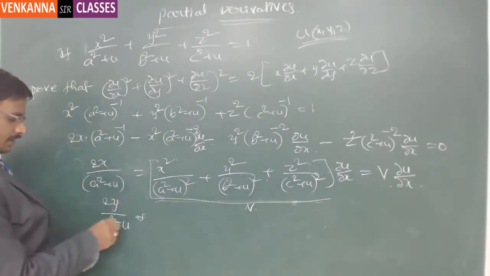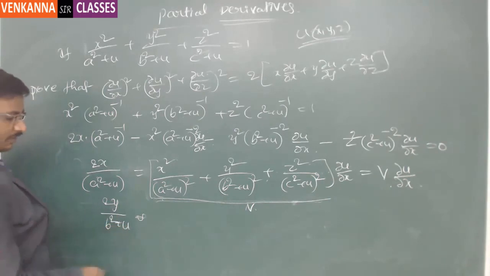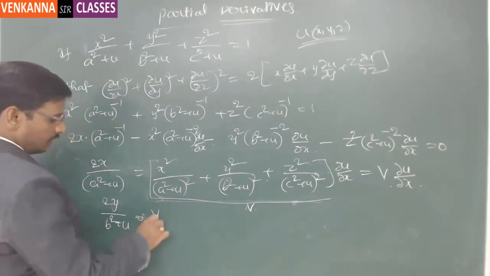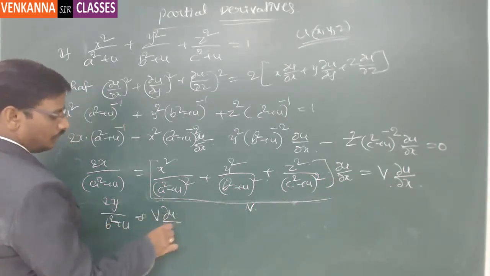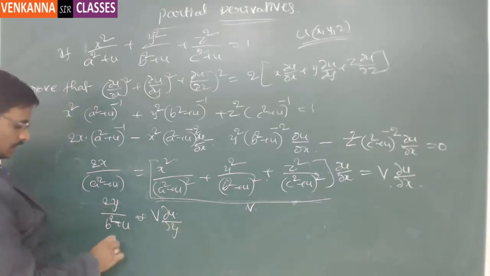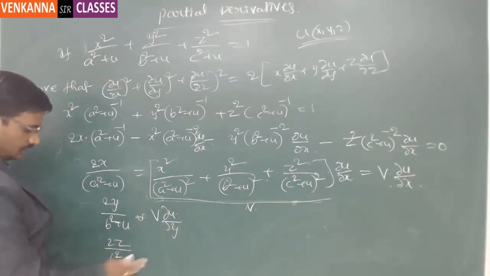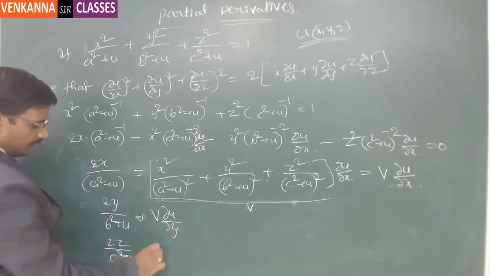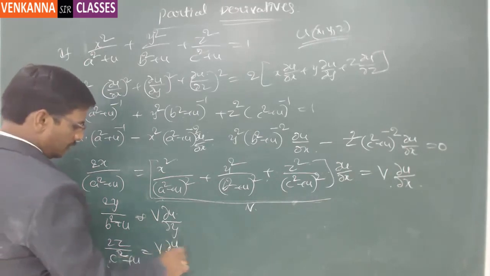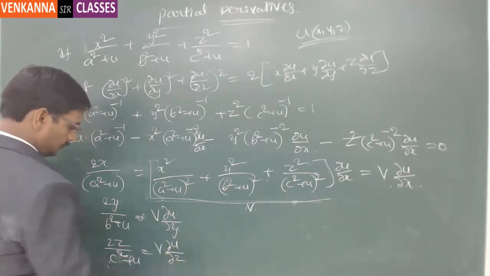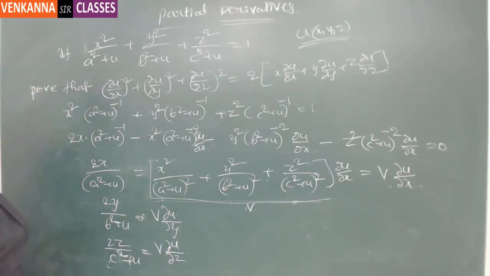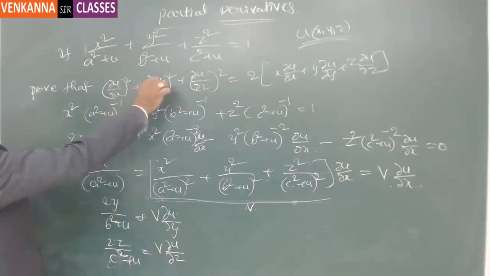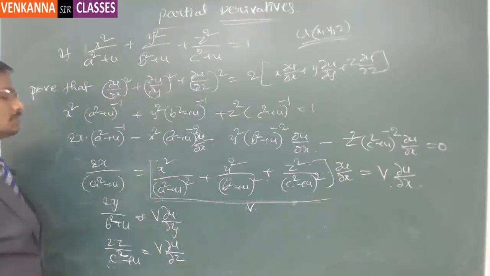Exactly in the similar manner, 2y by (b²+u) can be written as v ∂u/∂y. Similarly, 2z divided by (c²+u) can be written as v ∂u/∂z. Now, what you need to prove is (∂u/∂x)², (∂u/∂y)², and (∂u/∂z)².